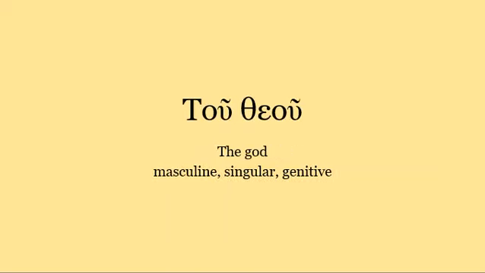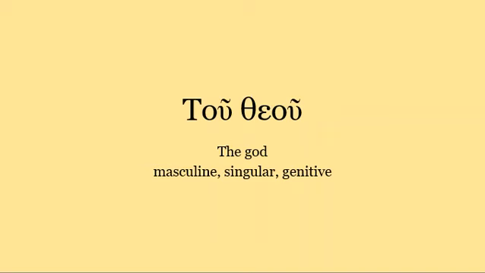Okay. So now we'll pair the article, this time the masculine, with our chosen masculine noun, theos, and we get tu theou. And this means the god in the masculine singular genitive. Again, tu theou.